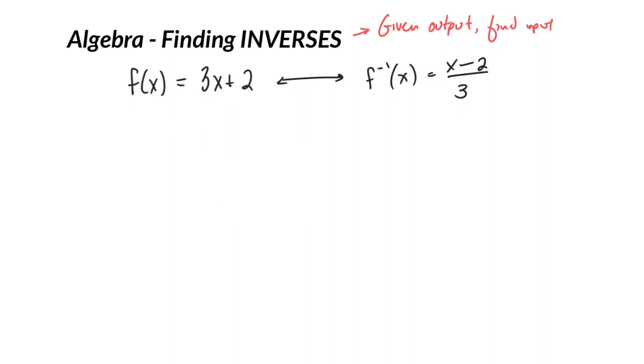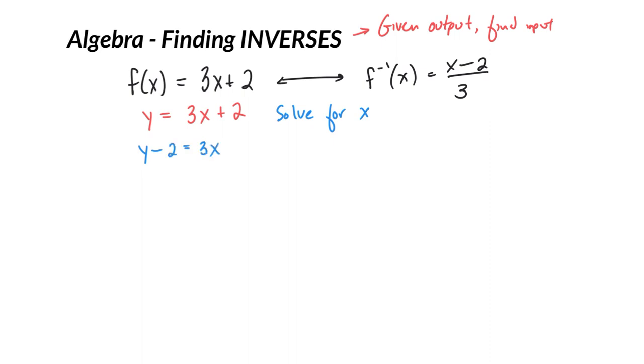And I might do that just a little bit differently than other math teachers do, but let me explain how I find this inverse. I begin by just writing my equation like this. y equals 3x plus 2, where y is the output and x is the input. And at that point, I just use my algebra to solve for x. Get x by itself. So I subtract 2 from both sides.